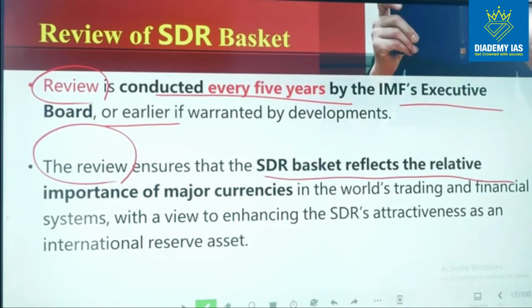So in 2016 we introduced the Chinese RMB into the SDR basket. Why? Because the role of China was increasing in the international trading and financial system. To enhance the SDR's attractiveness as an international reserve asset, we always try to bring in the currencies of countries which have an important role in the market.